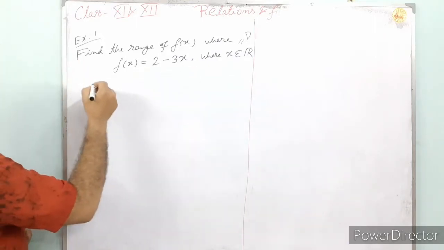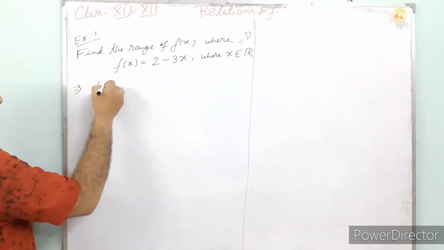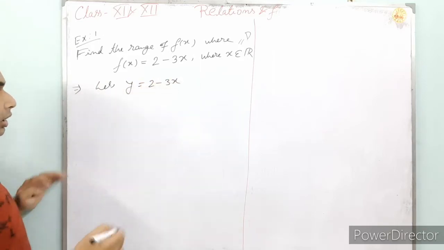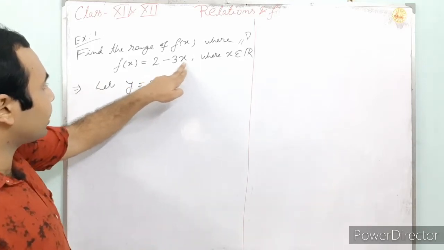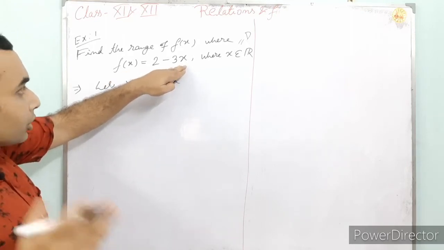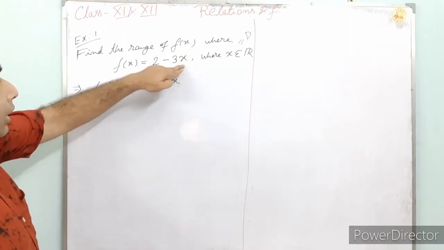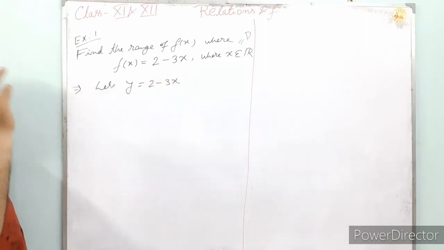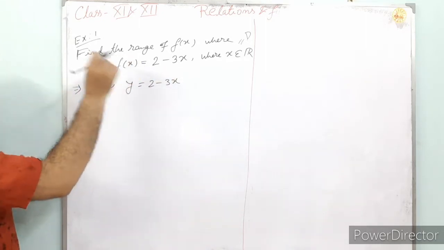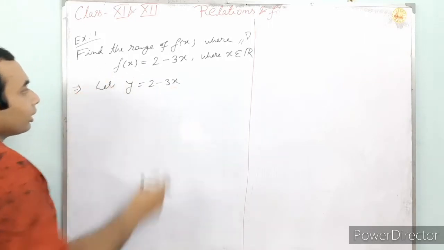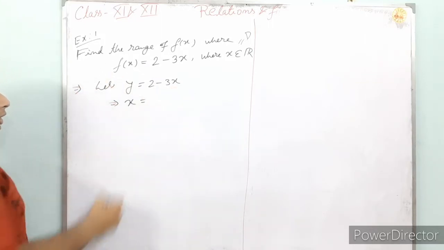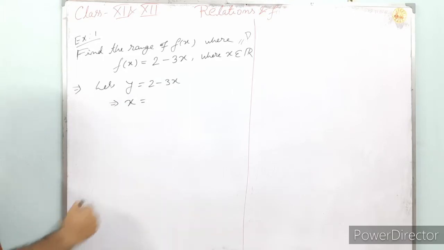So how to do it? Let y = 2 - 3x. The process of the machine, or the function, is defined here as f(x) = 2 - 3x. That definition of the function you take as y, and then you write x in terms of y.